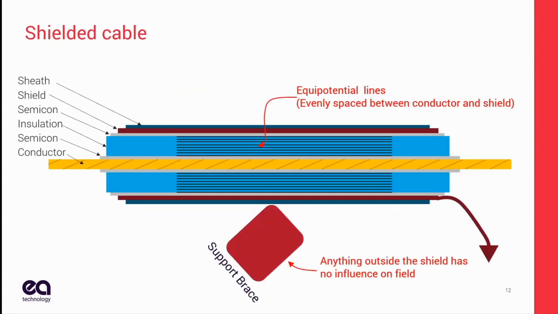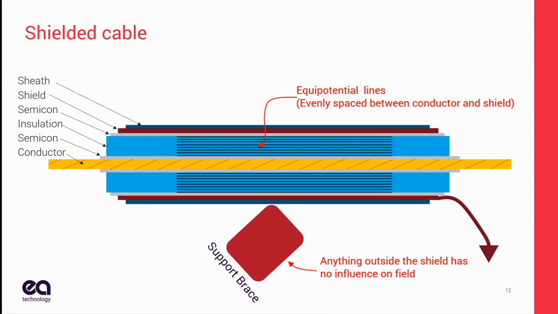The reason we do this is so we have this field, we can engineer this field, we can design this field to stay within this cable and not be affected by outside influences. If we didn't have a shield on the cable, we would have no idea how the field is until it's installed.